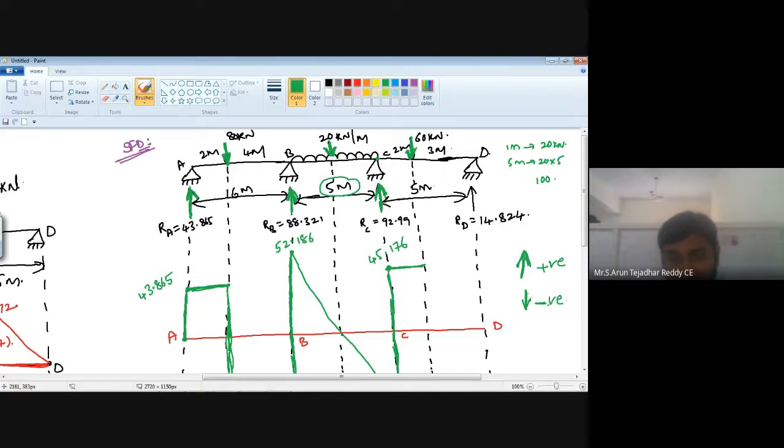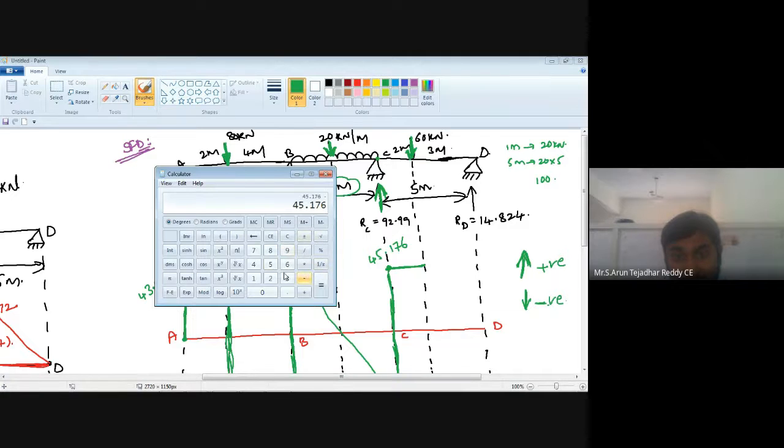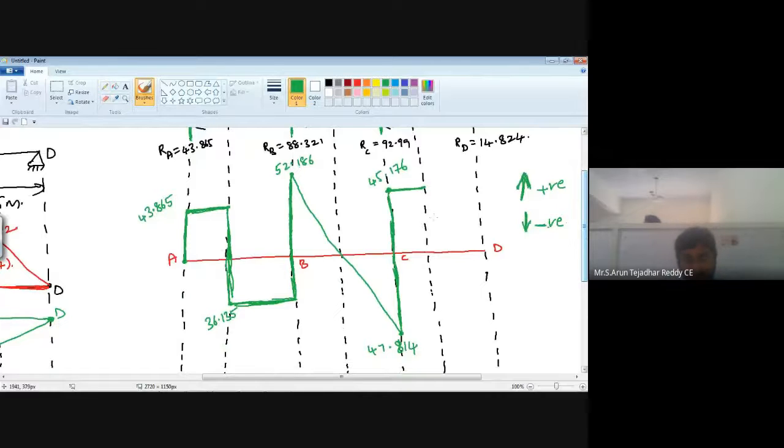Downward means it's negative. So minus 60. What is the value? Minus 14.824. It means below the beam, minus value. Here, somewhere here. Okay.